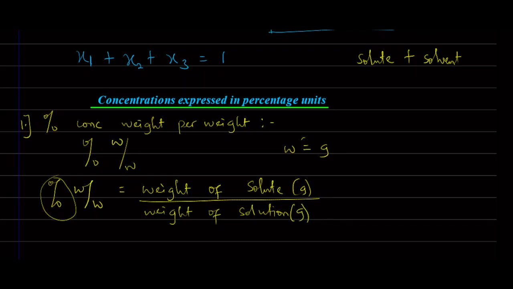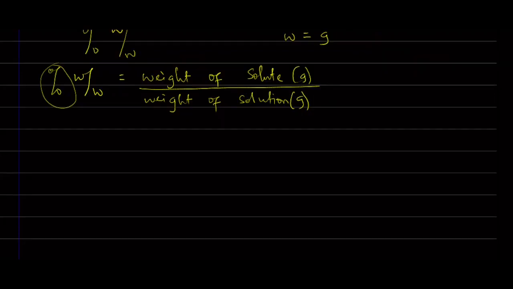Now, let's take for example 25% weight per weight H2SO4. There are two ways we can interpret this. The first one is with respect to the solvent. The second one is with respect to the solution.